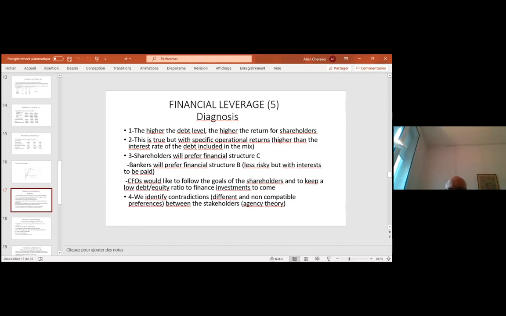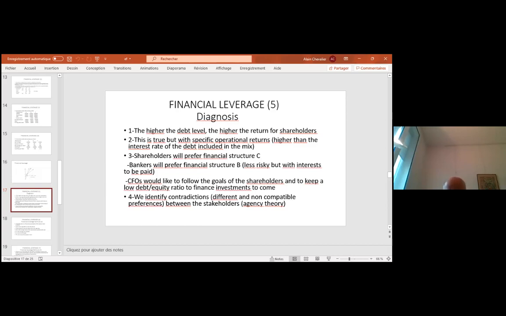See point 3 here. What is the preference of shareholders? What do they prefer? If you were a shareholder here, with the data we have, what is your choice? It is clearly structure C. You understand that with a high debt level, you increase your earning per share, and with a rather constant price earning ratio, this will increase the value of your share.